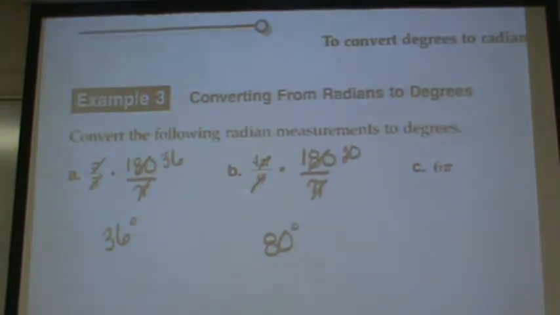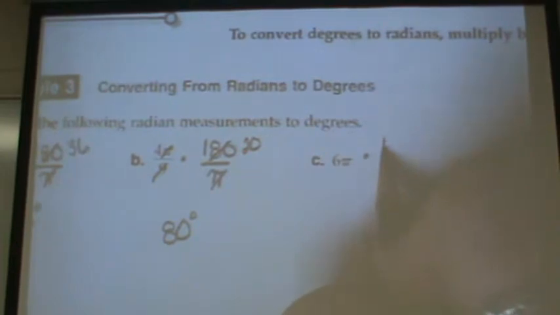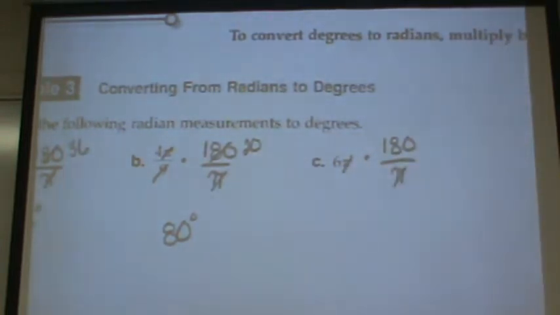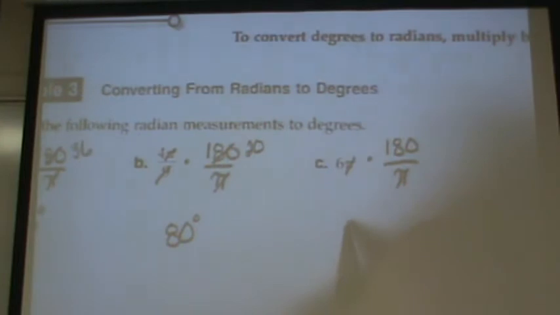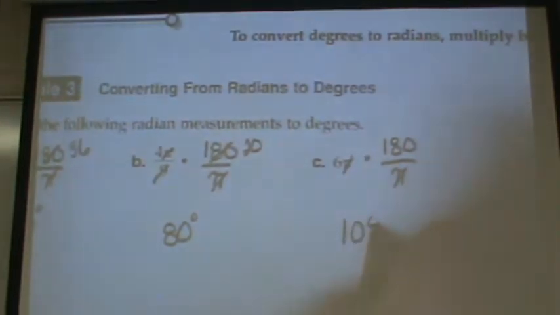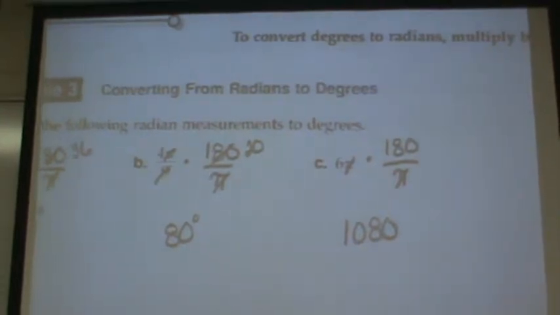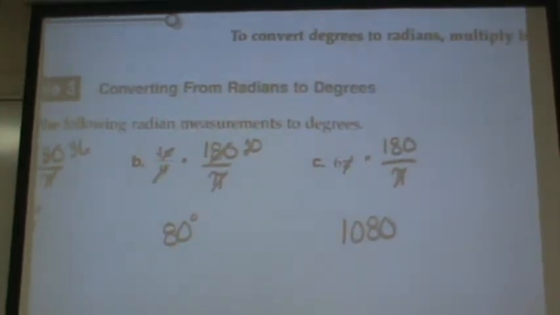And the next one is 6 pi over 1 multiplied by 180 over pi. Your pi's cancel out. You get 6 times 180, 1080. I didn't multiply that correctly earlier.